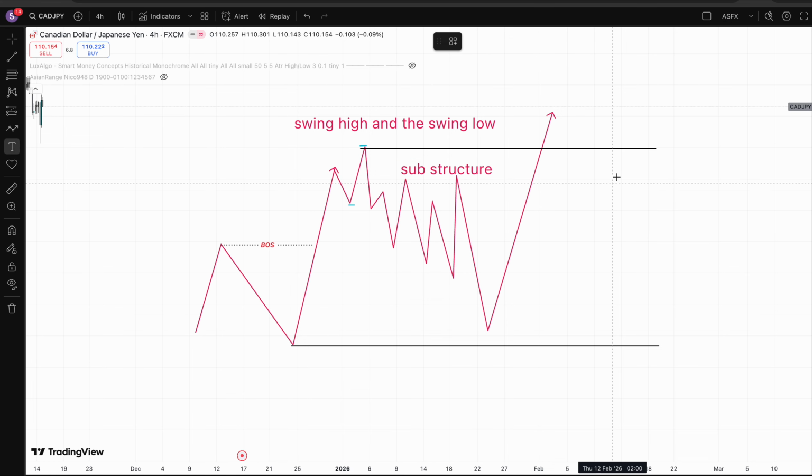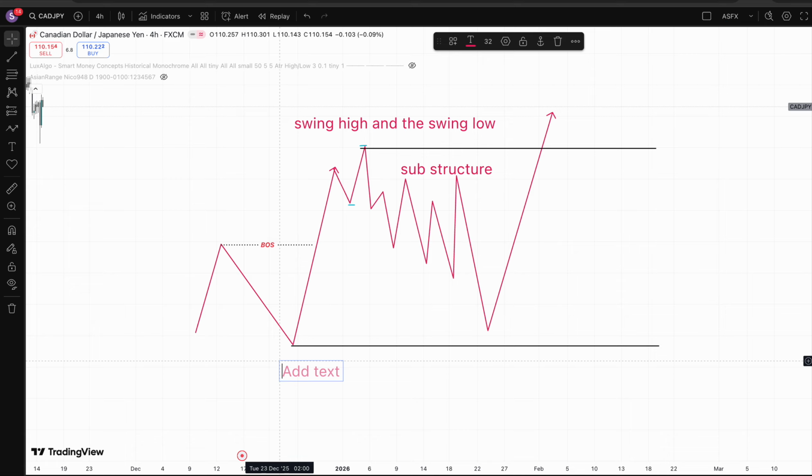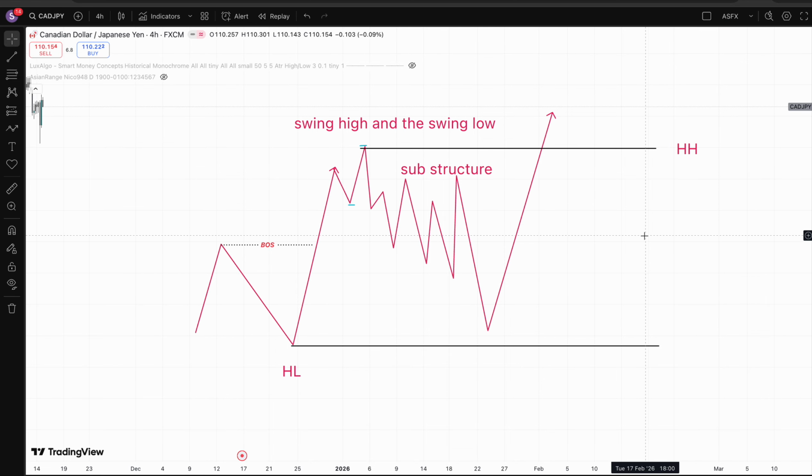And from this high, from this higher low to this higher high is our main structure, which is the swing high and the swing low.